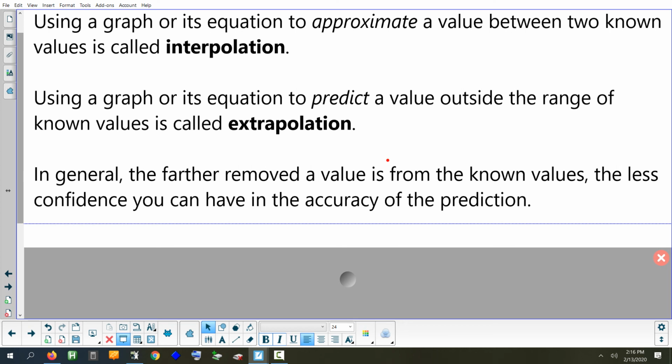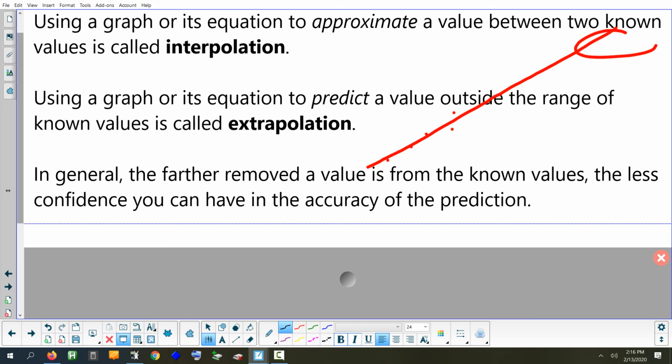So if I had a bunch of points like this, and you said, make a prediction what's going to happen way over here. Maybe the data goes like that. But you're asking me to make a prediction that's way beyond the end of my data. Maybe after a while they curve back down. I don't know. You're having me predict so far away, it might not be that accurate.